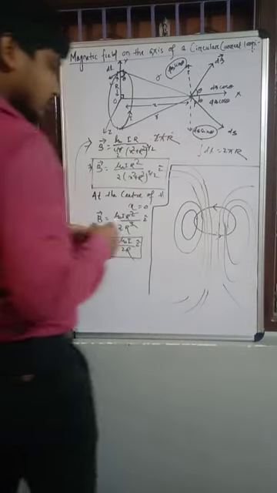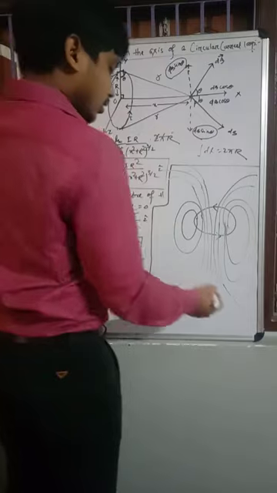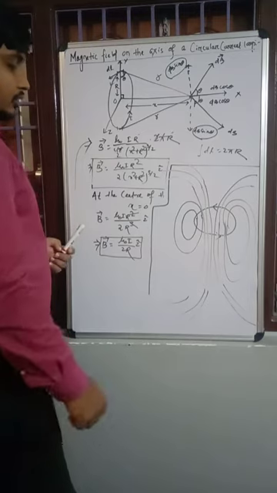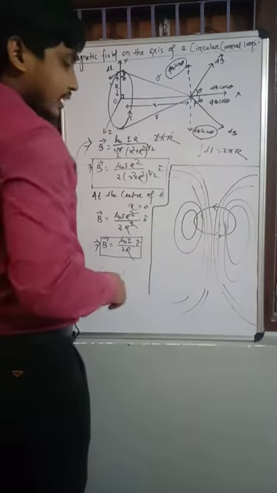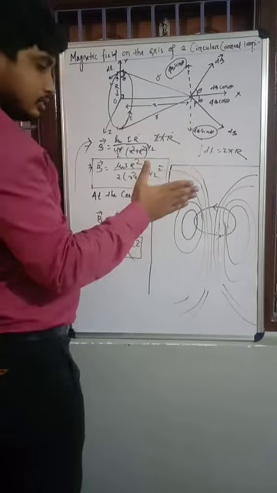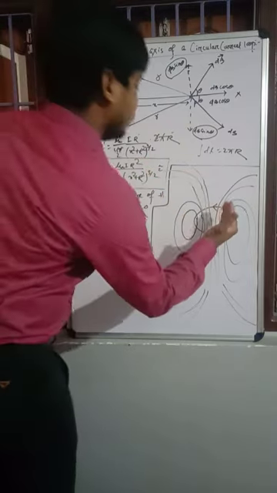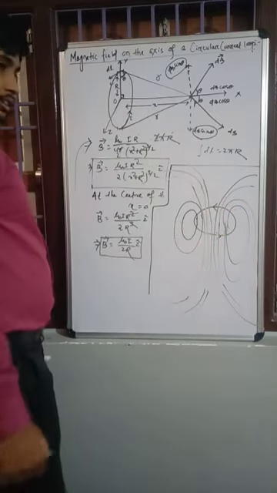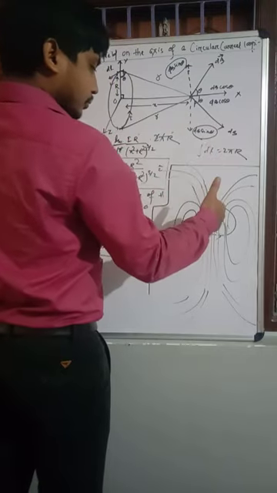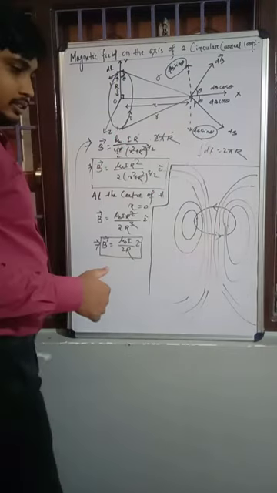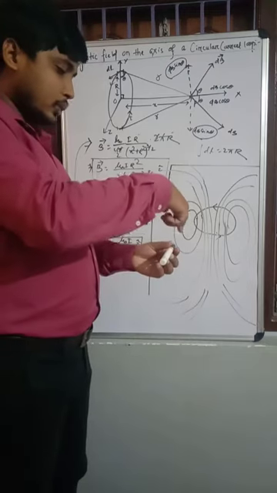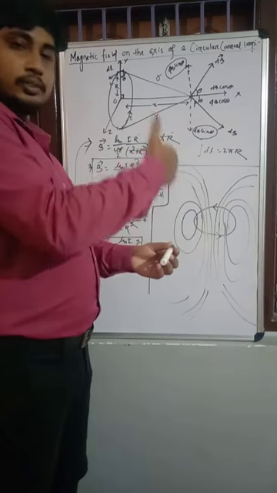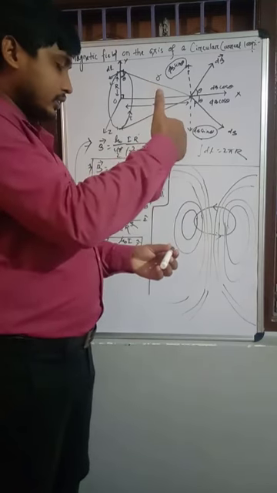Okay. Then, what about the direction? To find out the direction of this magnetic field, you just use the right hand thumb rule. You stretch your hand like this, and you curl your 4 fingers around the loop in the direction of the current, and the extended thumb will give the direction of the magnetic field. That means suppose in this loop the current is flowing in this direction, so if you curl your fingers, the thumb is pointing vertically upward.